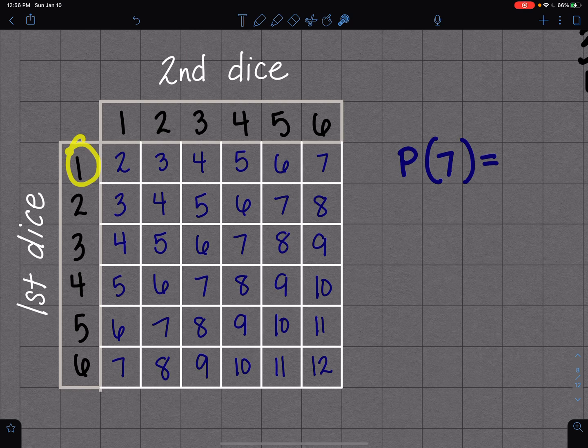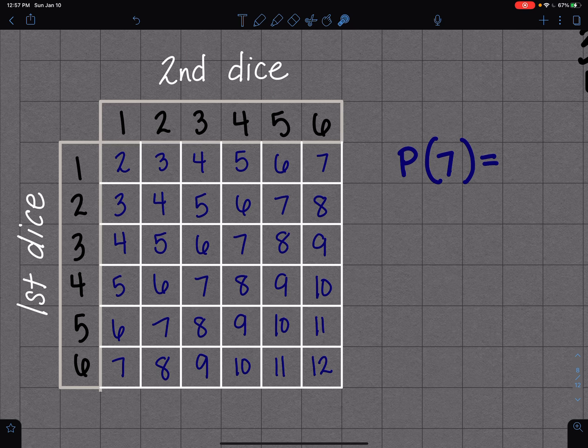You could get a 1 and a 6 and get 7 that way. Or you could get a 6 and a 1 and get this 7. You can get a 5 and a 2, 2 and 5, 3 and 4, 4 and 3. So these are all the different ways you could get 7 along this line. And then everything else is another option that you could get. So you can see how probability gets very complicated because there's a lot of options that it could be.